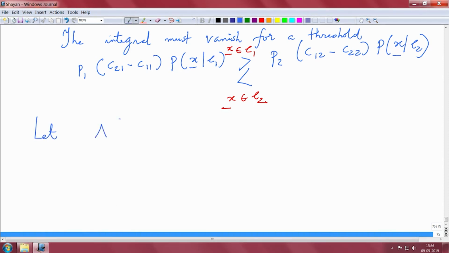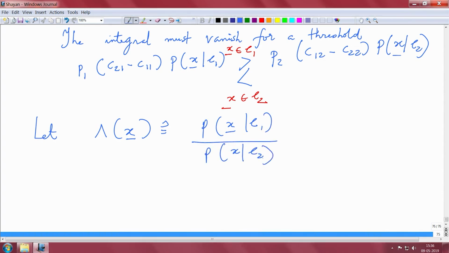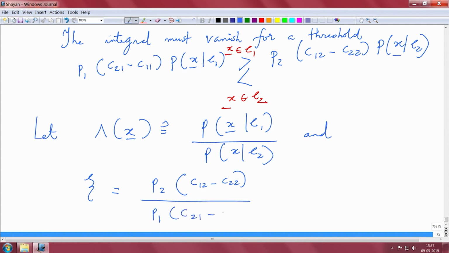Let lambda of x be defined as this conditional likelihood ratio, P of x given C1 upon P of x given C2, and let zeta be this quantity, P2 times C12 minus C22 upon P1 times C21 minus C11.